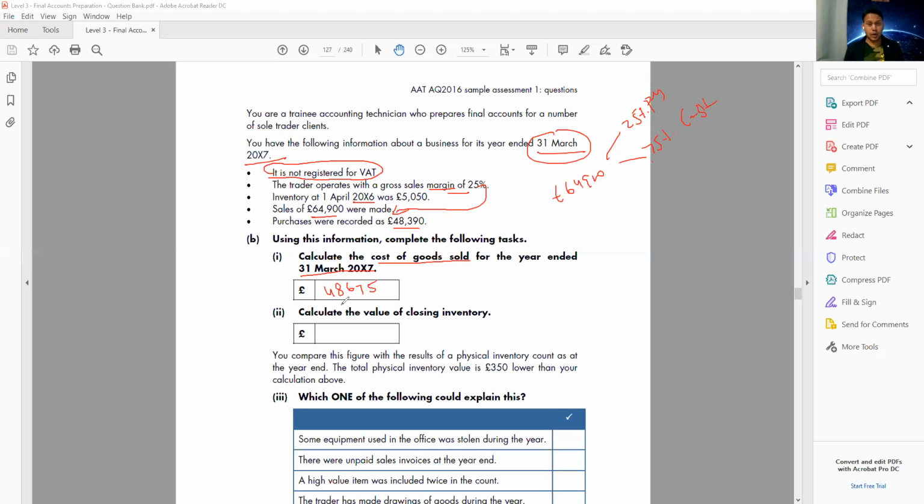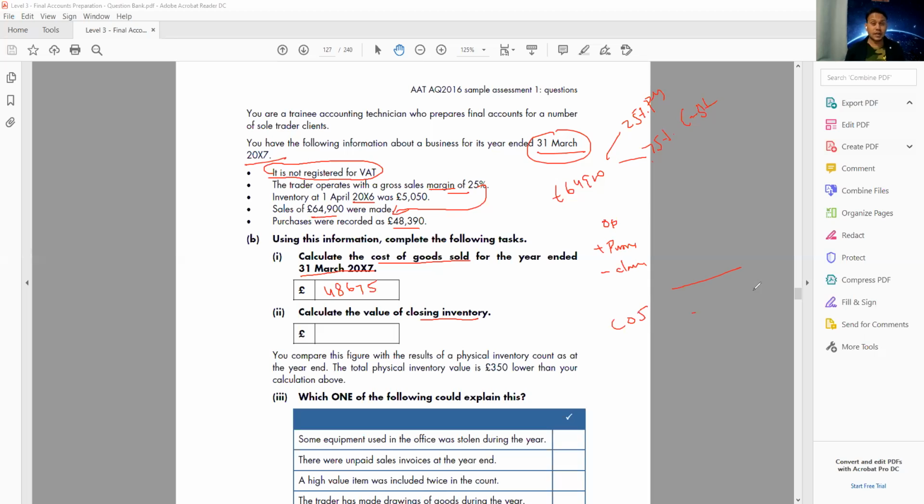Okay, the next point here is calculate the value of closing inventory. Now I have to use the formula for that. So I have to use opening inventory plus purchase minus closing inventory, and that will give us cost of sales.